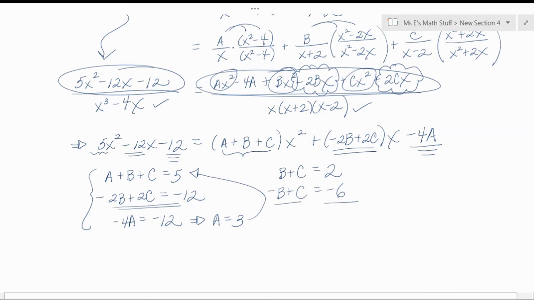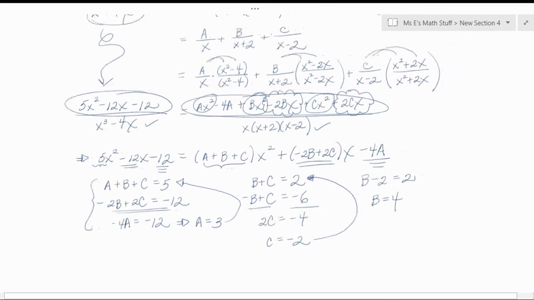And then I'm just going to add these two rows together, and I'd find out that 2C has to be negative 4, which means C has to be negative 2. All right. Once I know C is negative 2, it's really easy to back substitute, right there, where you'd have B plus negative 2 has to equal 2. And so that means B has to be 4.